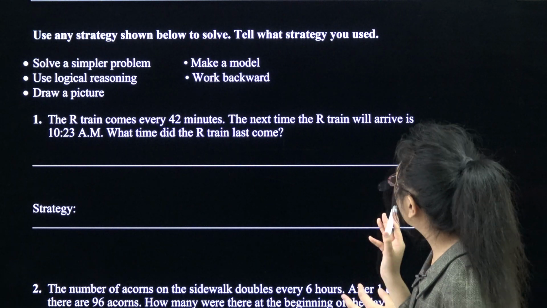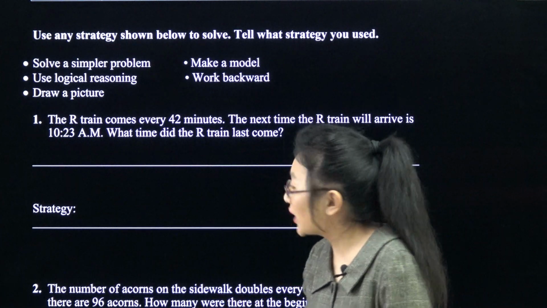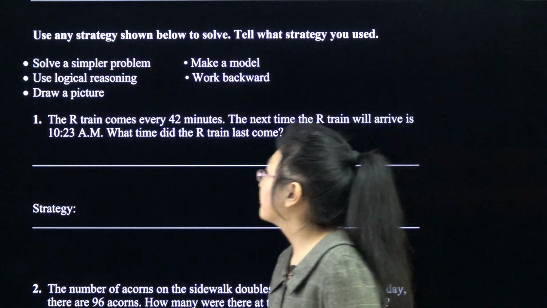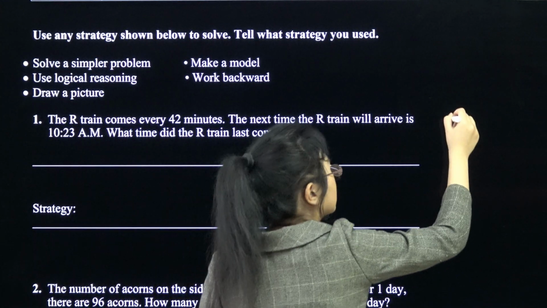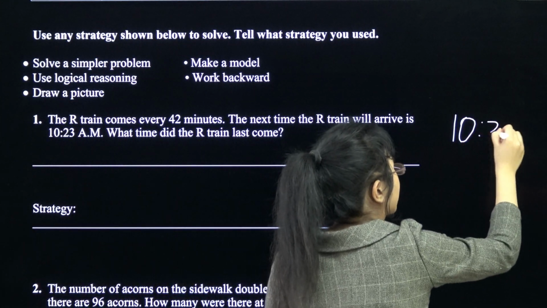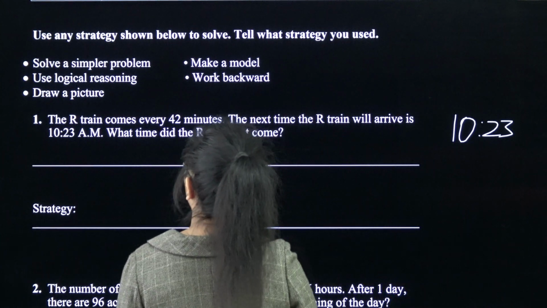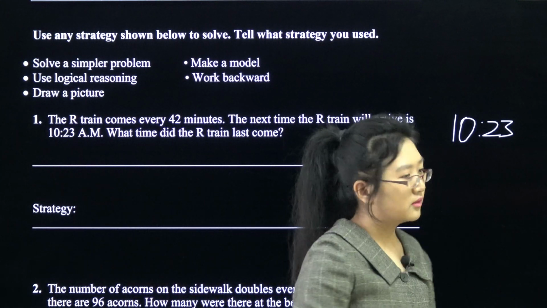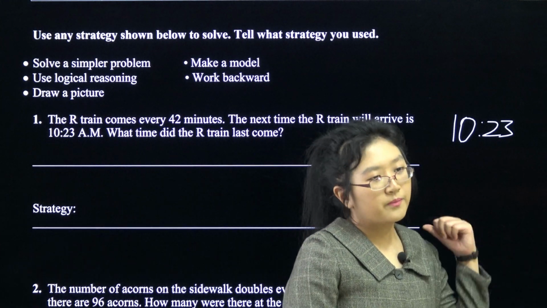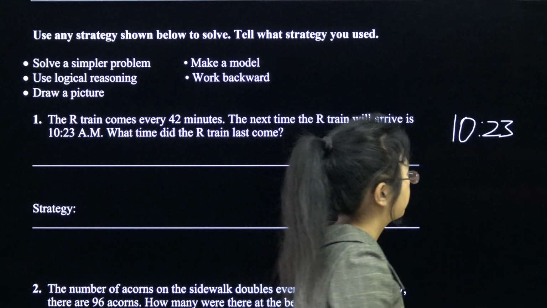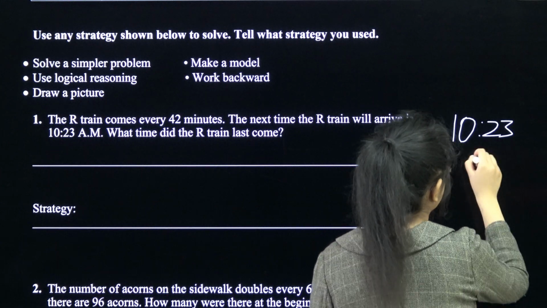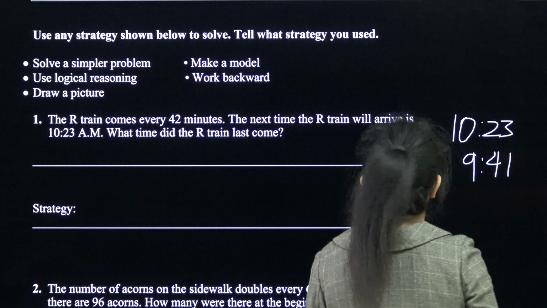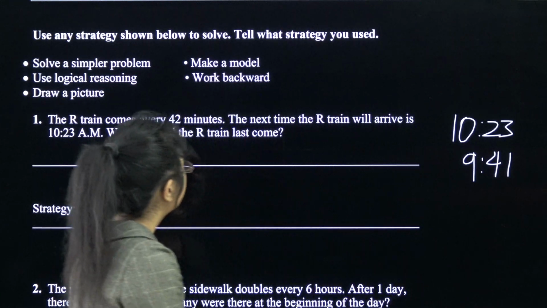So the next time the train will arrive is 10:23. The train comes every 42 minutes. Logically, it's just 10:23 a.m. and then you go back 42 minutes. So, what's the answer? Well, it's 9:41.